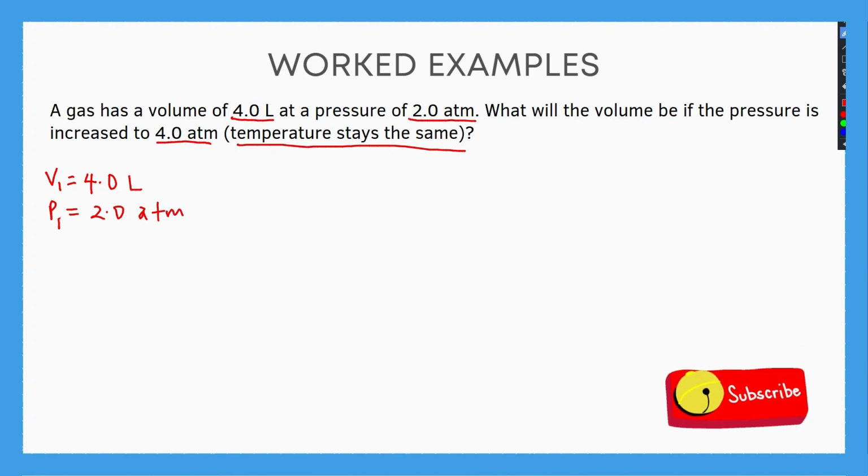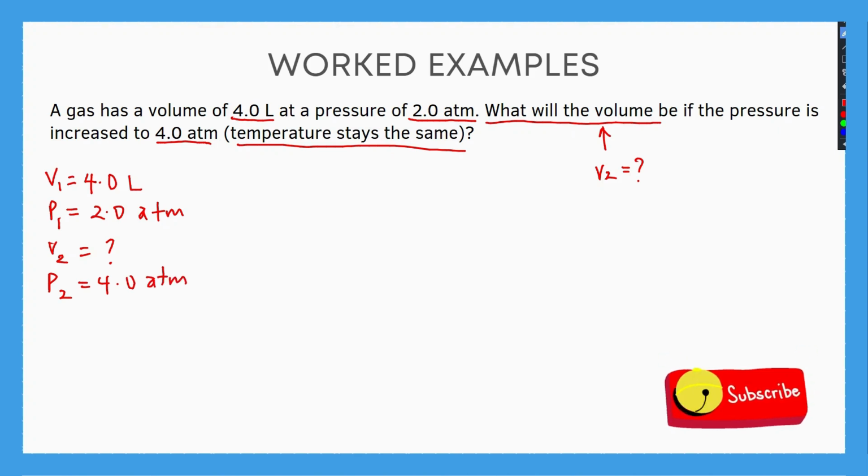Now they are asking us what will be the volume. That tells us that the final volume V2 is not known, so V2 is what we're being asked to look for in this question. What will be the volume if the pressure is increased? P2 now becomes 4.0 atmospheres.